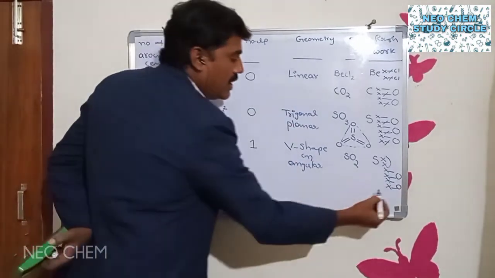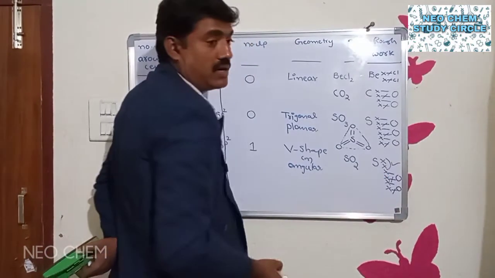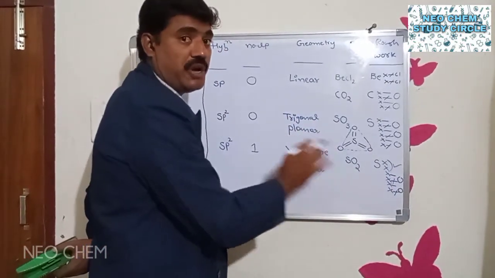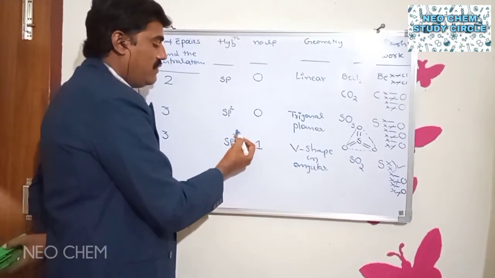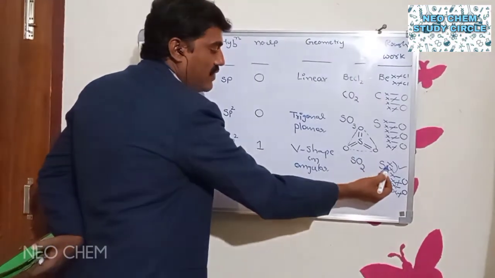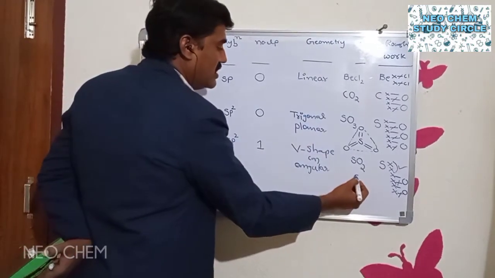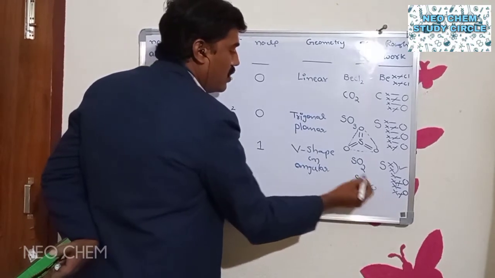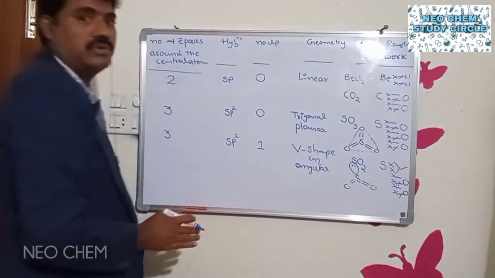So totally first sigma bond, second sigma bond, and third sigma bond. So the hybridization containing 3 orbitals is sp2 and 1 lone pair. Okay, hybridization of sulfur dioxide is sp2 and 1 lone pair of electrons is there over the sulfur. That's why sulfur dioxide geometry is V shape, like this. Double bond O, 1 lone pair. Okay, this is the angular shape.